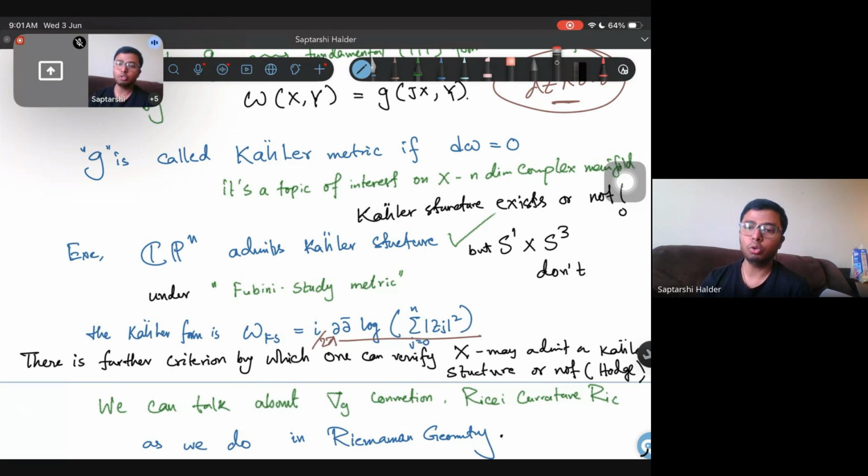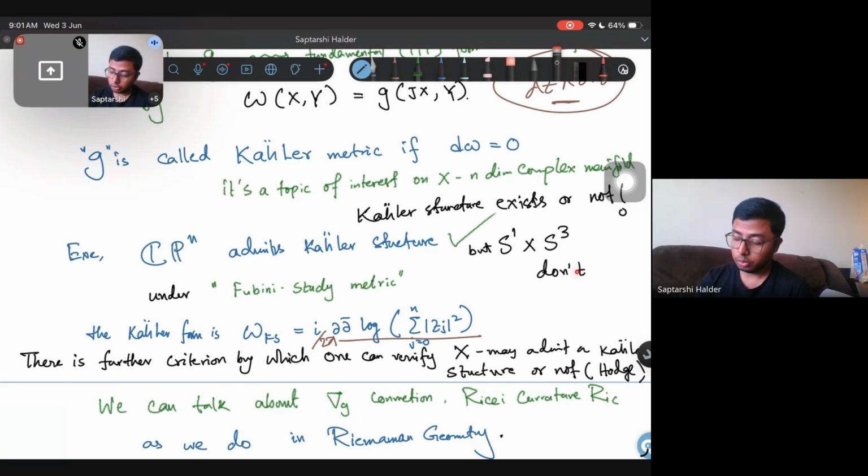But S6 we don't know. We weren't able to find any scalar structure. So we first need to find out whether it admits a scalar structure or not. Then our next task is to give a precise scalar form like this. But for S6 we don't know yet.